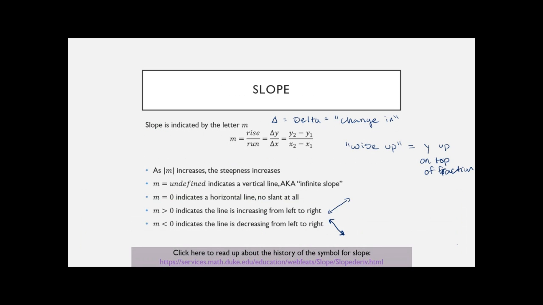So you have an idea of what your line is going to look like. And then you can even use slope to compare two lines to see if one's steeper than the other. And with that, you can compare if lines are parallel, because they'll have the same steepness, so they won't intersect, or if they're perpendicular. And there is a special formula for that to determine if they're perpendicular.